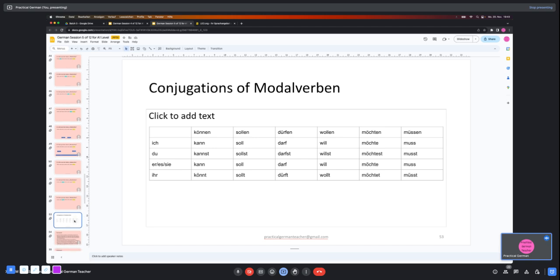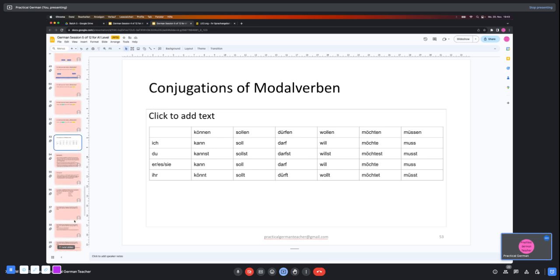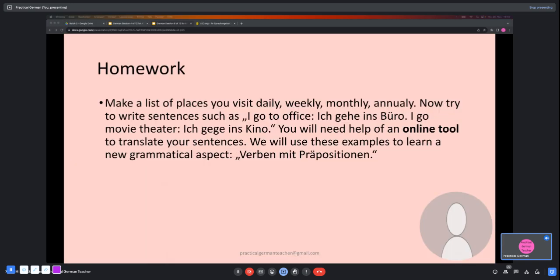Let's see how much time we have. We have enough time left. So let me first go to slideshow mode. I'm not doing any examples on this because we'll do examples in just 5 minutes. But in the previous suggestions, I had asked you to write about your day, choose a specific part of your day and write simple sentences.